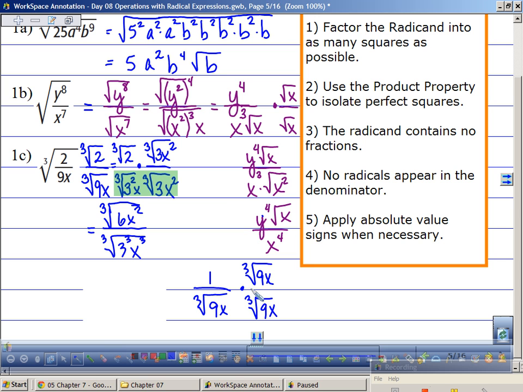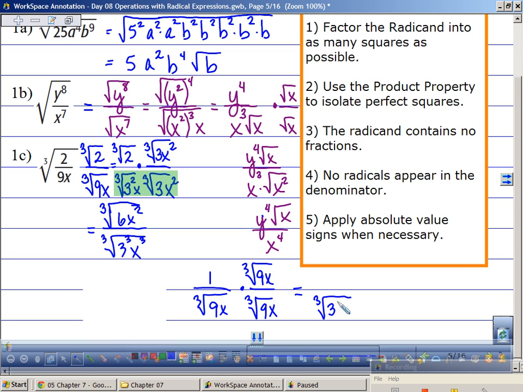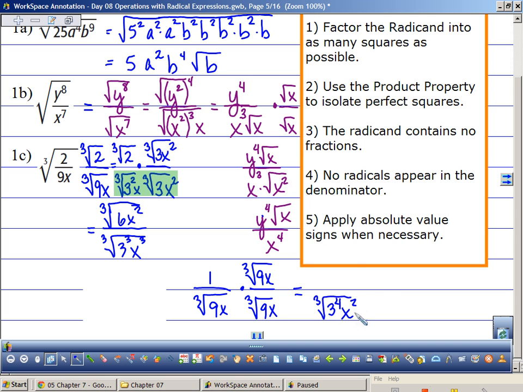How many of you originally said, oh, I'm just going to multiply by exactly what it is? Well, if I did that, wouldn't I get, how many 3's would I have? More than that. 9 times 9, I would have 4. And I would have x squared. Is that going to help me?